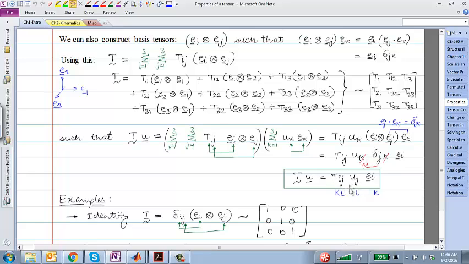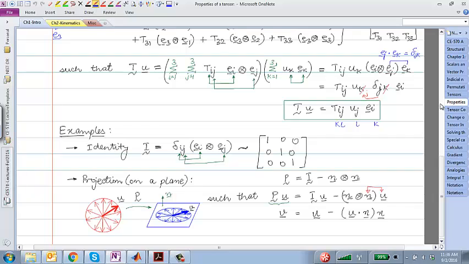It essentially means that we are taking a 3 cross 3 matrix acting on a 3 cross 1 vector to give me a 3 cross 1 vector. When we take those components and multiply them with the basis vectors e, we get the resulting vector, which I'll write simply as V.